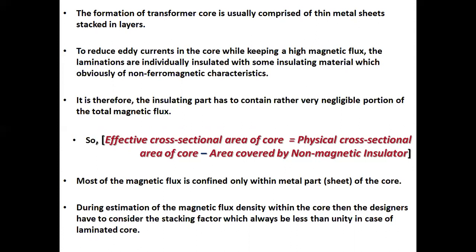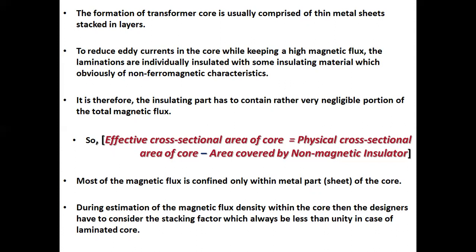The insulating part therefore contains a very negligible portion of the total magnetic flux. So, the effective cross-sectional area of the core equals the physical cross-sectional area of the core minus the area covered by non-magnetic insulator.